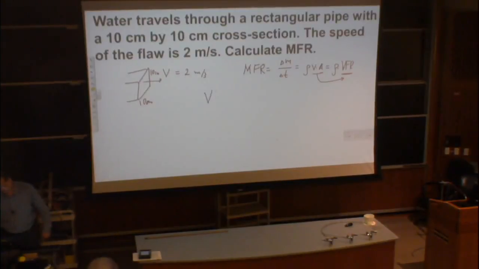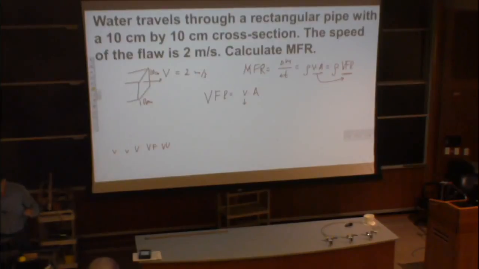So let's do volume flow rate. That should be equal to V times A, and people very often confuse V's. There are many, many V's. V represents speed, V represents velocity, V represents volume, volume flow rate, Valentin Voroshilov. So you have to keep track of the meaning of the V you use.